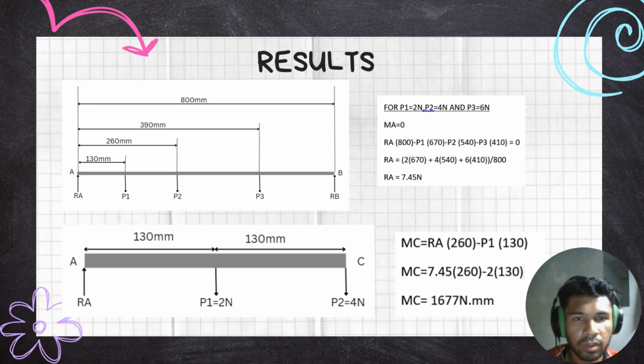And then we get the value of RA equal to 7.45 Newton. And then we calculate the moment at C, and we get the moment at C equal to 1677 Newton millimeter.